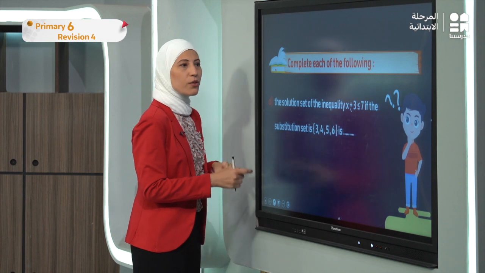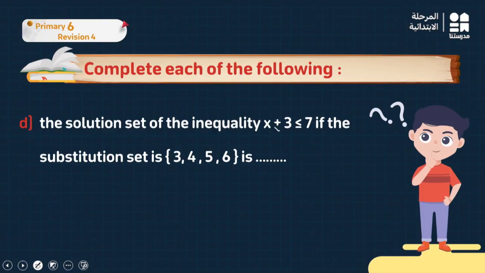So it will be 3 plus 3 less than or equal to 7. Yes, of course, 3 plus 3 gives me 6, and 6 is less than 7. The second example: 4 plus 3 less than or equal to 7. Yes, 4 plus 3 gives me 7, and 7 equals 7.